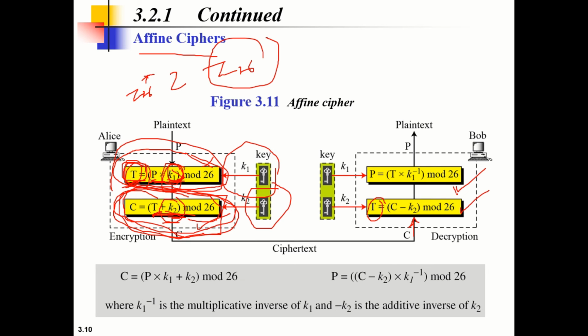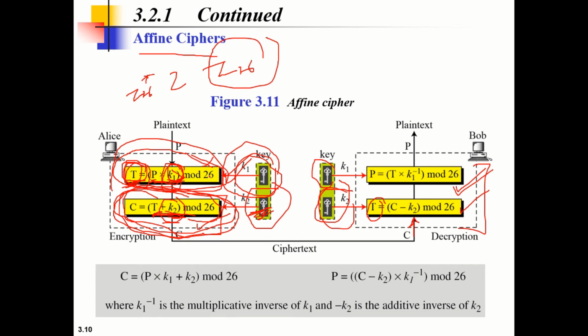The steps which we followed for encrypting the message get reversed, and the key values remain the same. K1 remains the same as the key value you used while encrypting the message, and K2 will be the same key which you used over here.